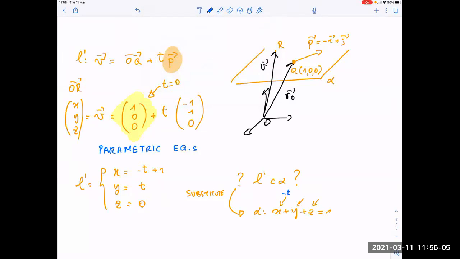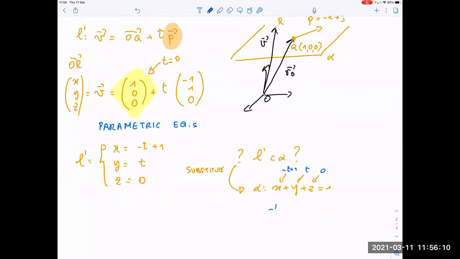So minus t plus 1, t and 0, and you get minus t plus 1 plus t plus 0, and you must get an identity. So something which is true for all values of t. And this is okay because these two cancel out and you get 1 equal 1, which is fine. So substituting is okay.